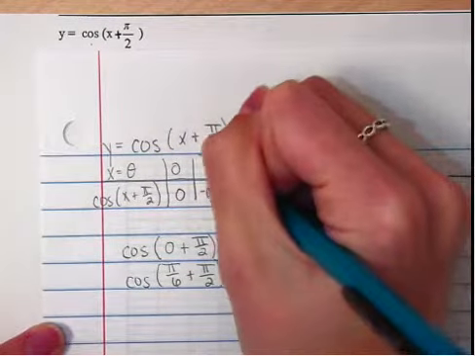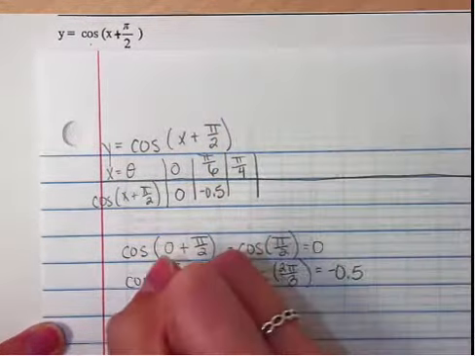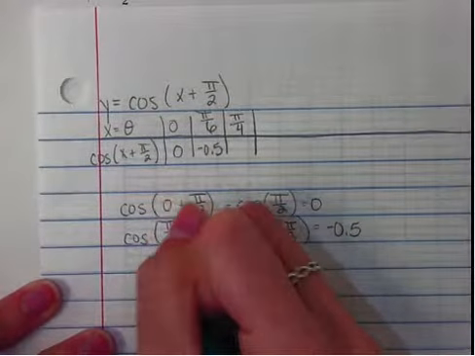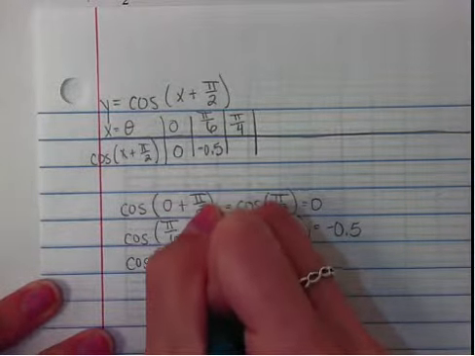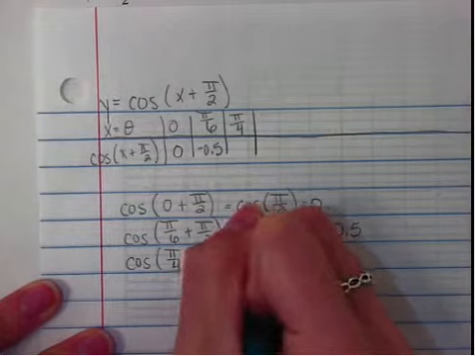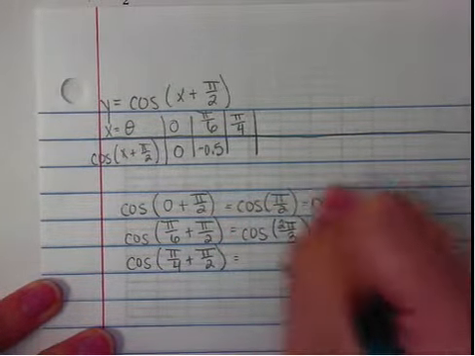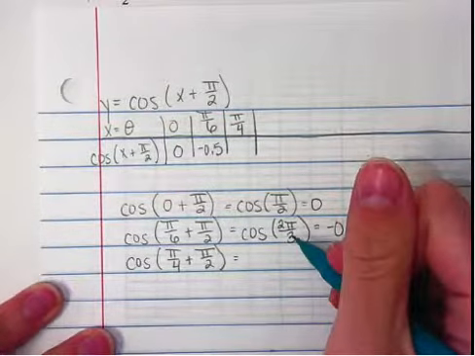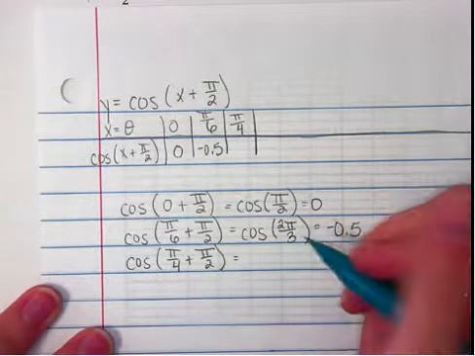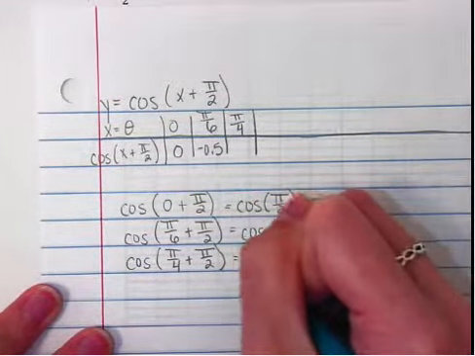Next value of theta, pi over 4. Substitute in cosine of pi over 4 plus pi over 2. And I didn't explain the last time, I just used my calculator for 1/6 plus 1/2. But I can rewrite this.